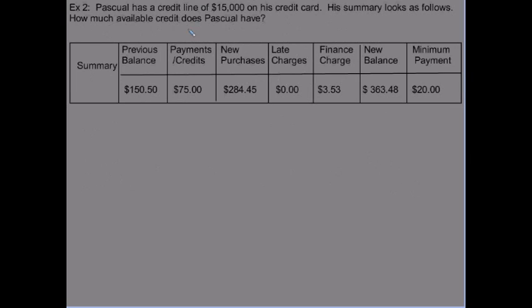Okay, so Pasquale has a credit line of $15,000 on his credit card. I think that was meant to be $1,500. Well, we'll say $15,000. His summary looks as followed. And how much available credit does he have? Well, we're going to subtract, add, and enter. And we want to always double check this, because you want to make sure that they've been calculated correctly.